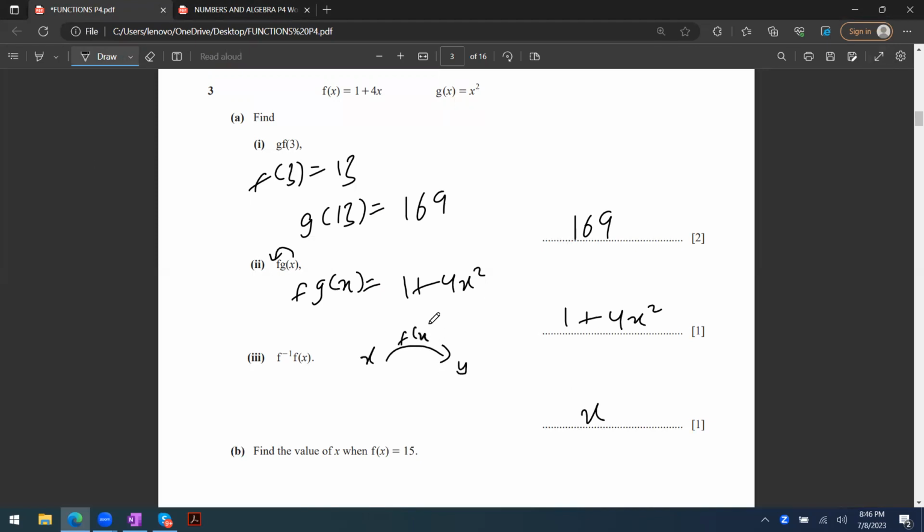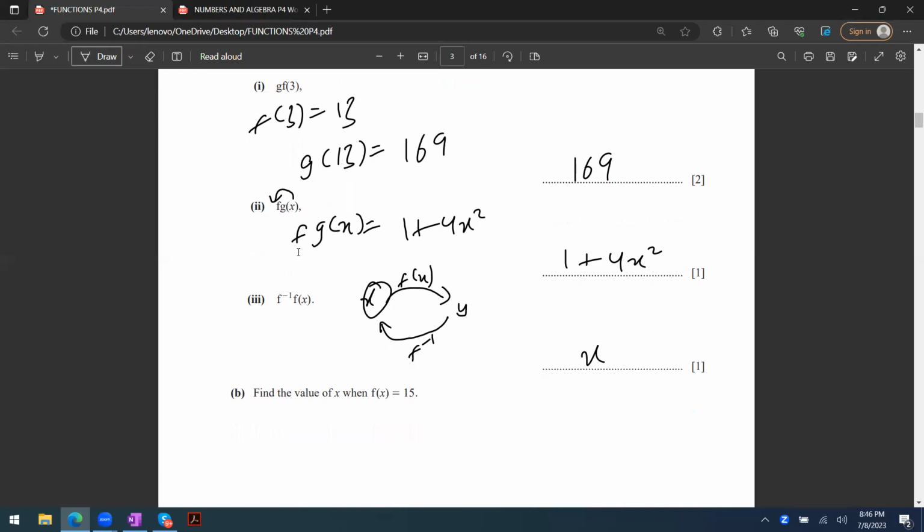This is the output of f of x. And then f inverse is going to convert it back to x. So we just get x again. Okay. So this is like going one step forward, one step backward. You stay at the same position.